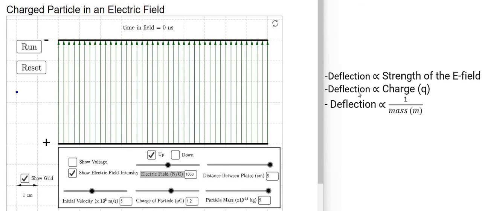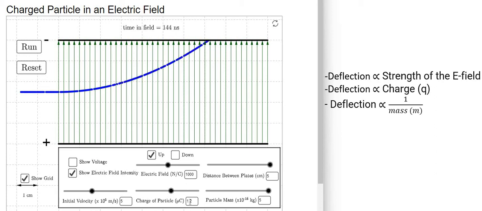Now let us see how the deflection of the charge is affected by the magnitude of the charge. The deflection is directly proportional to the magnitude of the charge. Initially the magnitude of the charge is 1.2 microcoulomb, and the deflection of the particle is this.